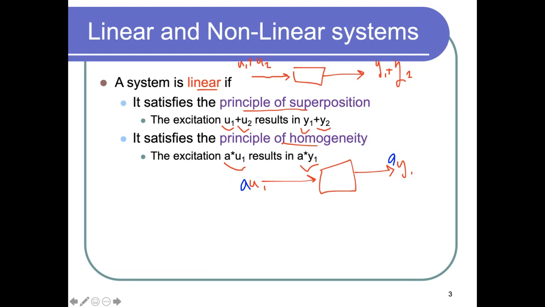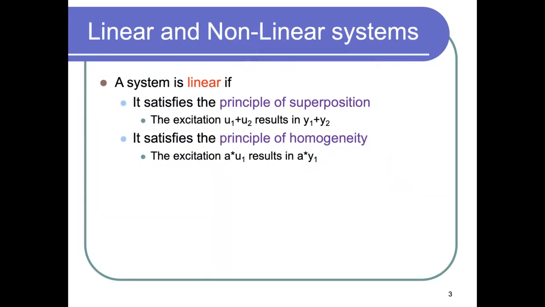Now, if we combine the two, we can have the following. We say that a function is linear if it satisfies the following property. For example, if the function of A1 U1 plus A2 U2 is equal to A1 f of U1 plus A2 f of U2.